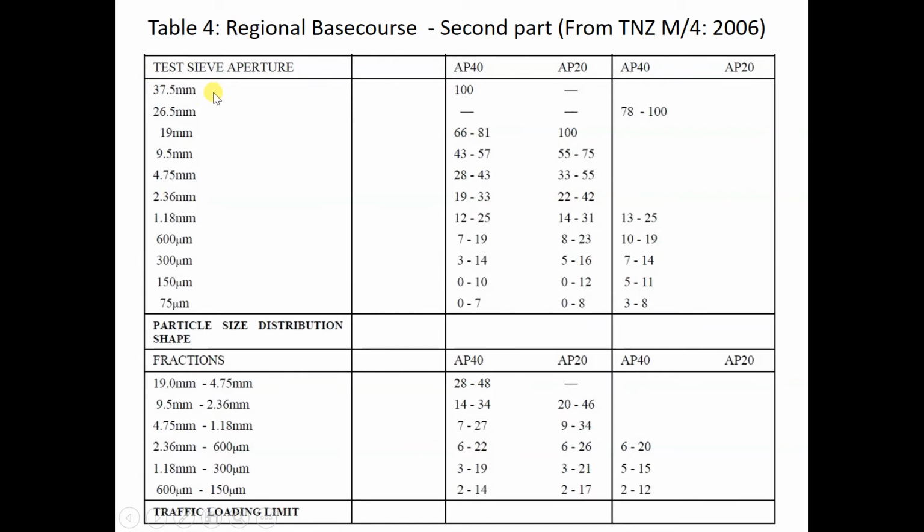The aperture is 37.5 mm down to 75 micrometer. It's quite tiny, the hole is quite tiny. So this will be the category of clay. Below that will be the clay.